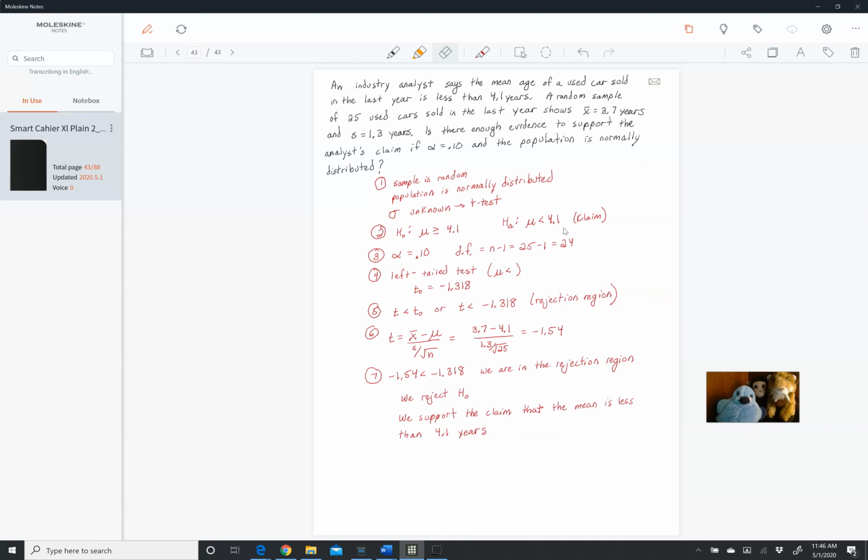Now don't forget that this doesn't mean that we're never wrong. We might be wrong. That's the type 1 and the type 2 errors from the first lecture in hypothesis tests.